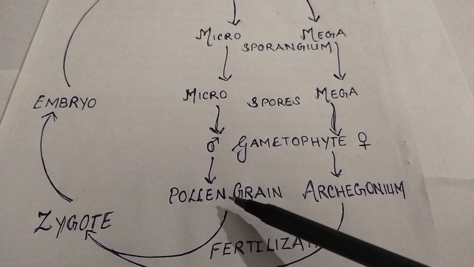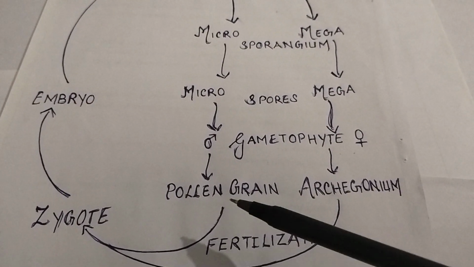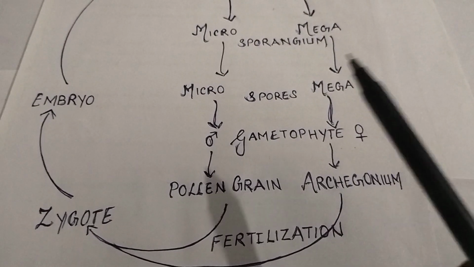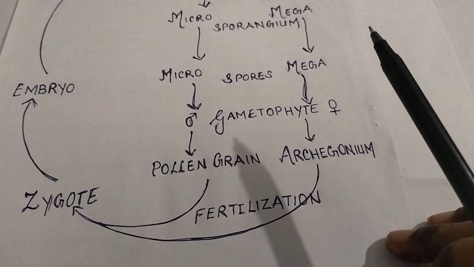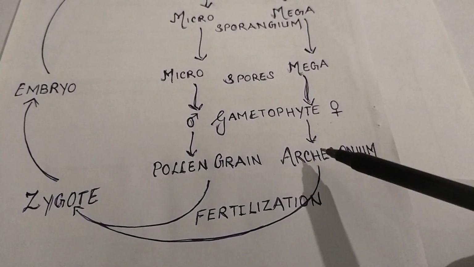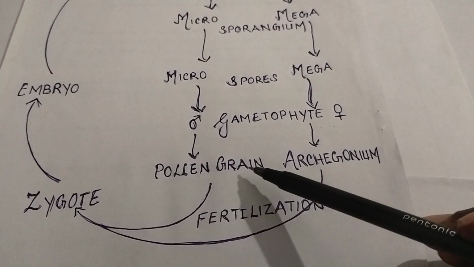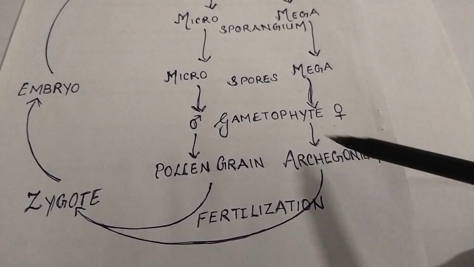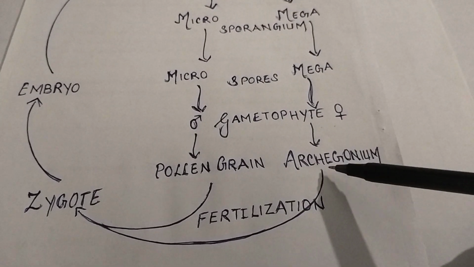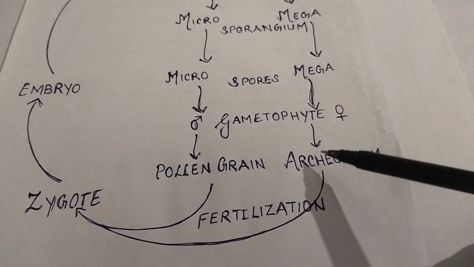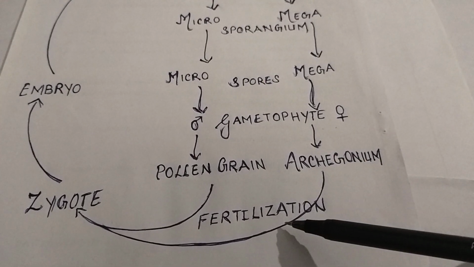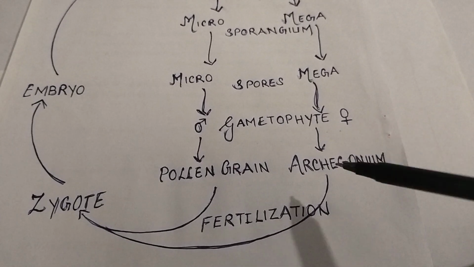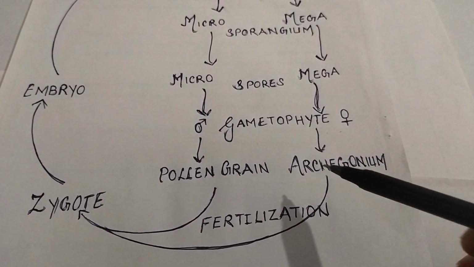Now what will happen? The pollen grain will be released from the microsporangiophore and it will travel through air currents to the mouth of the archegonium. A pollen tube will be formed, releasing the male gametes to the mouth of the archegonium, and now here the fertilization will take place.